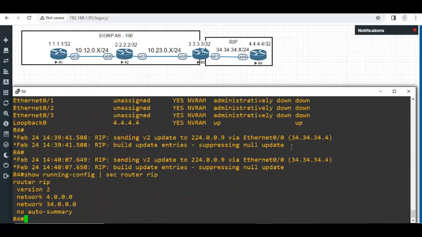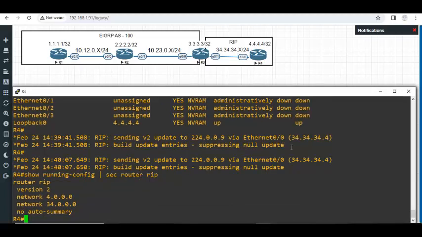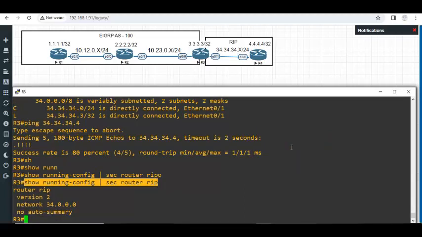Why? That's not needed. Not necessary. Why do you need it? I'm running OSPF in that interface. That's not the problem.